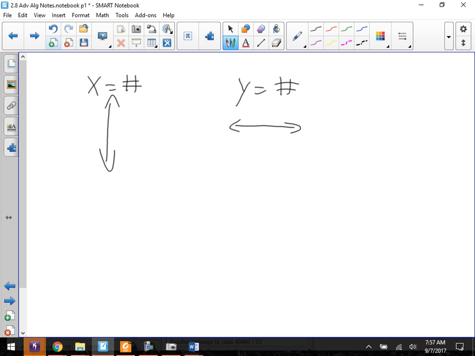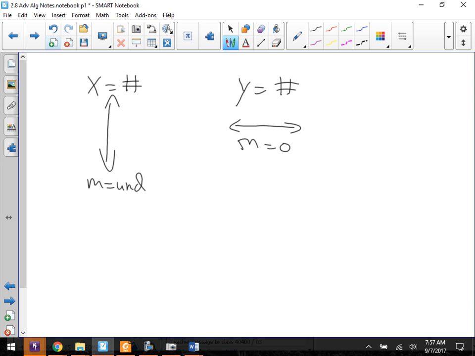What's the slope of every vertical line? It's not 0. Horizontal is 0, because what's the second letter of horizontal? O. Zero. H-O-R. Now, remember, vertical lines are always parallel to vertical lines. Horizontal lines are always parallel to horizontal lines.